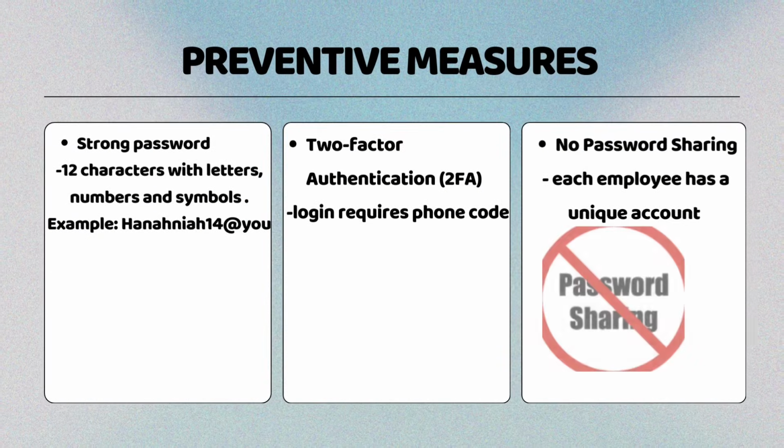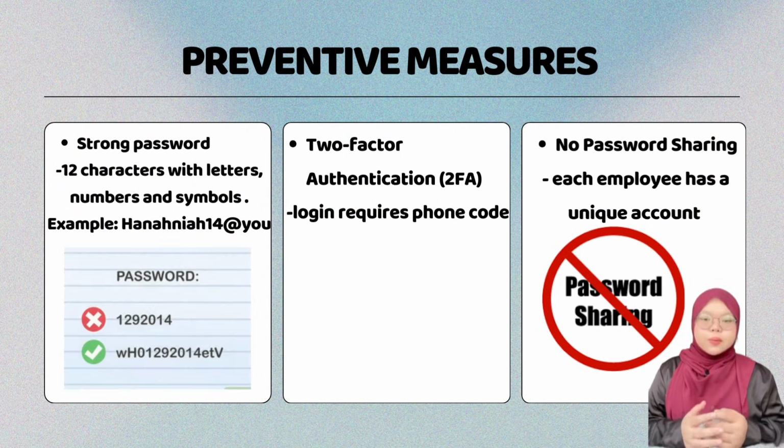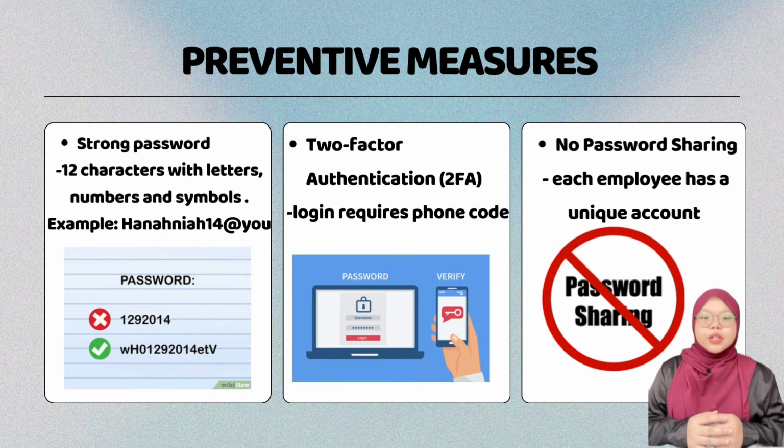And now, I will explain the preventive measures. First, companies should use strong passwords. A strong password should have at least 12 characters and include letters, numbers, and symbols. For example, Hananya14alias.